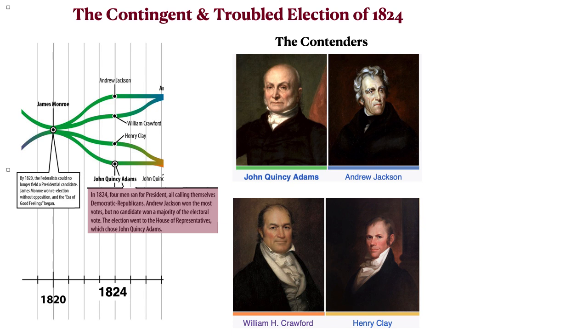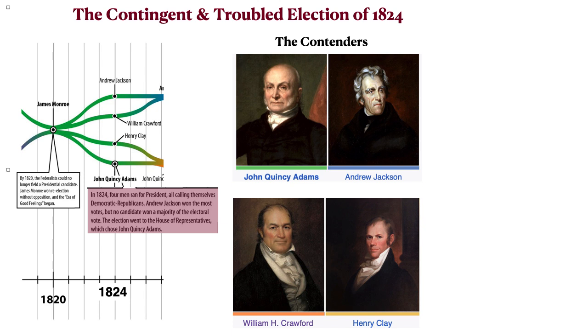But John Quincy Adams, Secretary of State; Andrew Jackson, the military hero who defeated the United Kingdom at the Battle of New Orleans in 1814; and Henry Clay, one of the young war hawks, a member of Congress in 1812 urging war, who becomes a very powerful congressman from Kentucky and is soon going to become one of the leaders in the creation of the Whig Party.